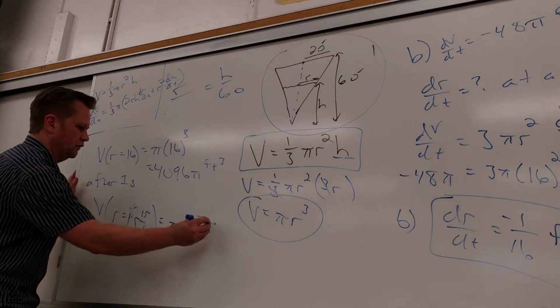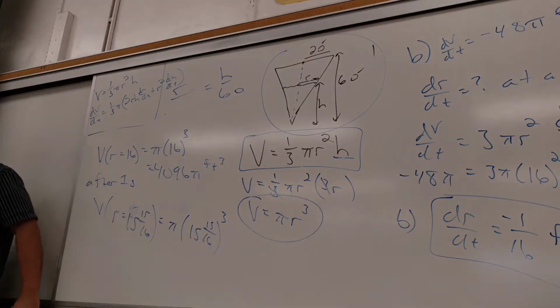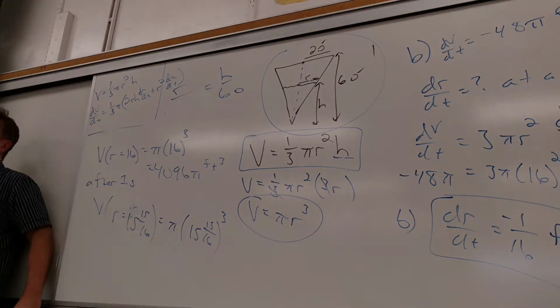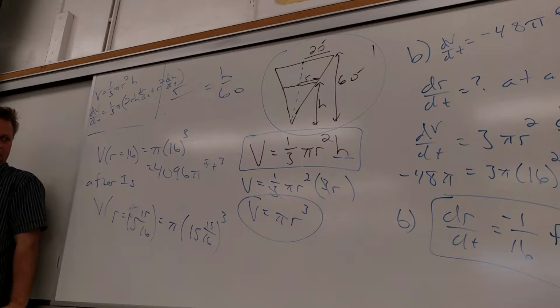So what is 15 and 15/16 cubed? Help me out. Put 15 and 15/16 in parentheses if you do it that way. All right, we'll do 15 plus 15 divided by 16 and then cube that whole thing. 2,700?